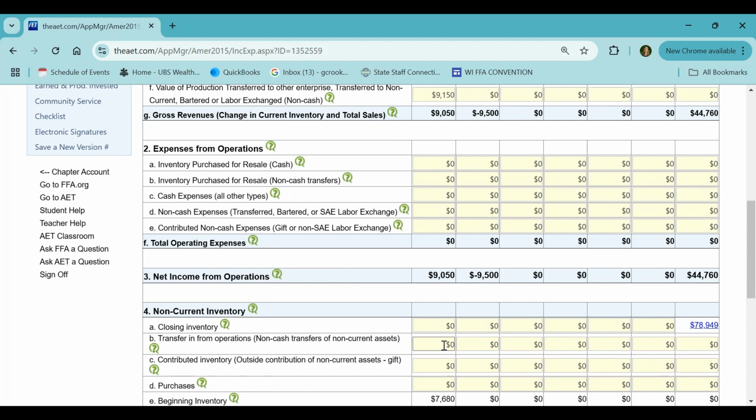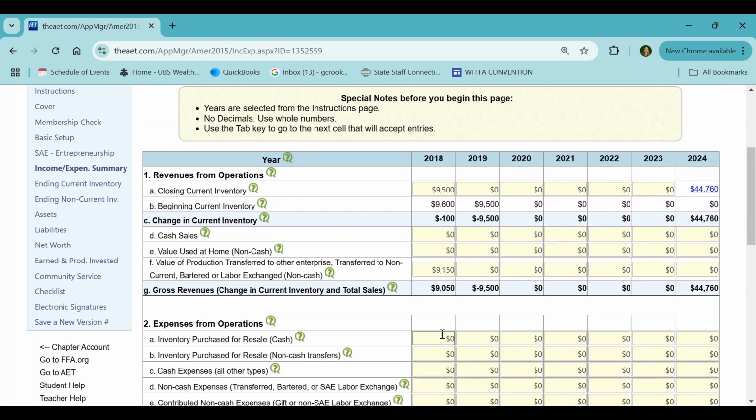And 4B is for animals that you transfer in. So if you have breeding animals and you have some heifers maybe that you are going to transfer into your non-current inventory because you're going to keep them, this is where those animals get transferred in. Or any other type of inventory that starts out in your current inventory, and you're going to transfer it in, that's where it would go.